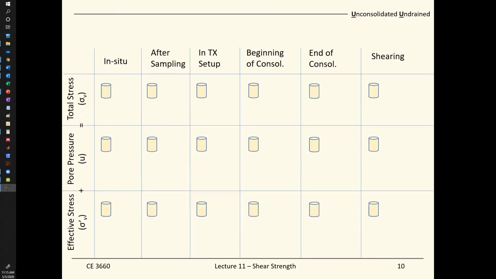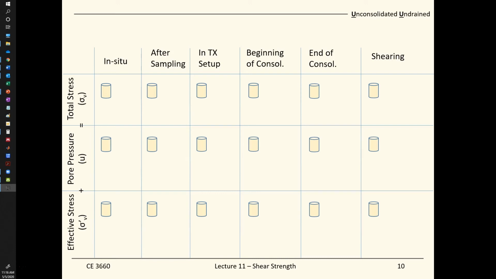Okay, let's look at the details of the consolidated undrained test. Let's see the whole story, from when a piece of soil element or soil sample is in the ground at the in situ conditions, then we sample it and go to the lab, to the end when we start to shear the soil samples in the triaxial setup.